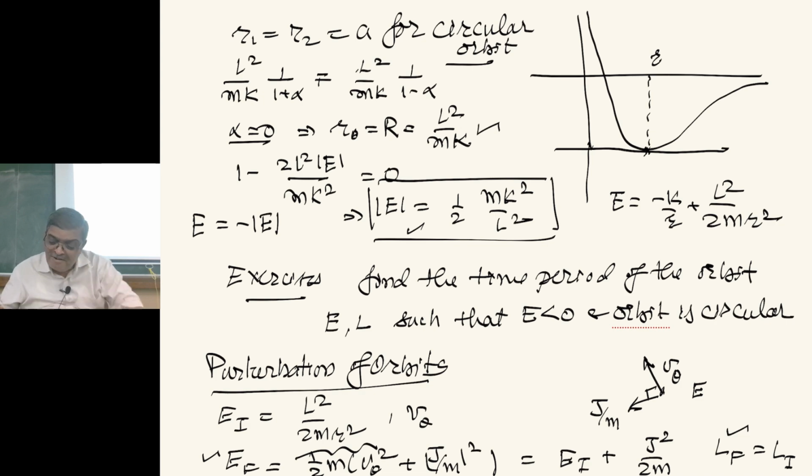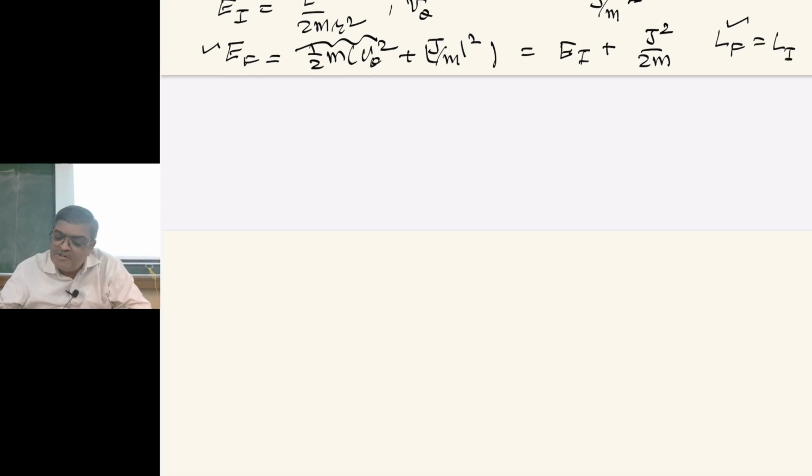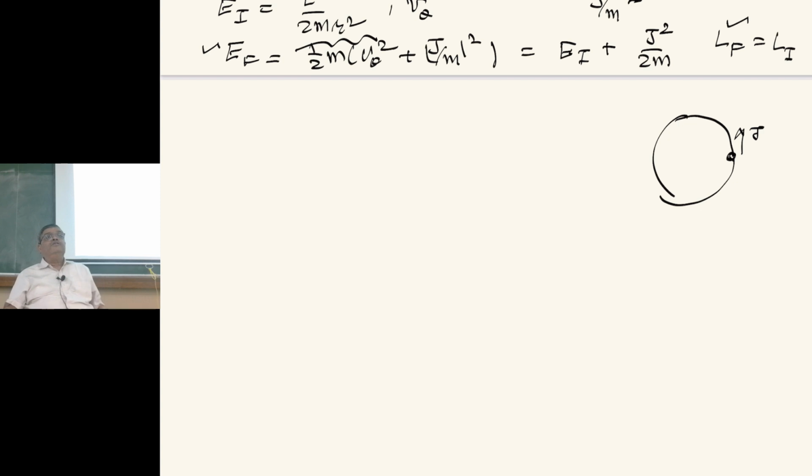Okay, good. So now let us see what happens if I have something in a circular orbit, and let us say this is a satellite and it fires a rocket so that J is in the direction of its tangential motion. Then what happens? Angular momentum will change.